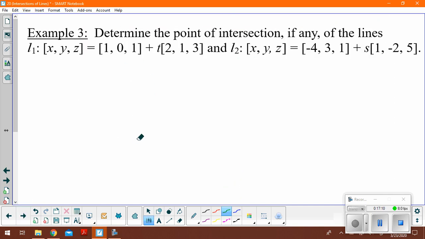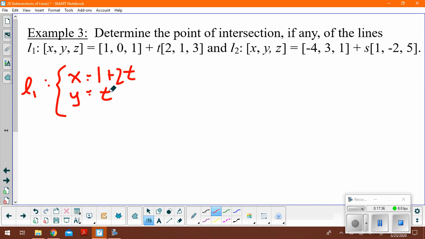So for our last one, we're just going to find the intersection of these 2 lines. The setup is going to start exactly the same way. I'm going to write out my parametric forms. So x equals 1 plus 2t, y equals, I have a 0 there, so it just equals t, and z equals 1 plus 3t.